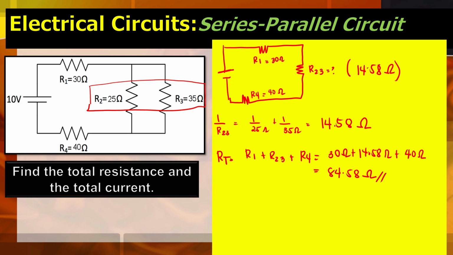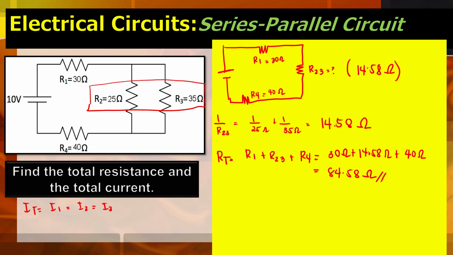Now, speaking of current, sa series connection natin, I total is equal to I1, is equal to I2, is equal to I3. So meaning to say, kung ano man yung I total natin dito, yun din yung I1, I2, I3 values na pumupunta dyan sa mga resistors natin.